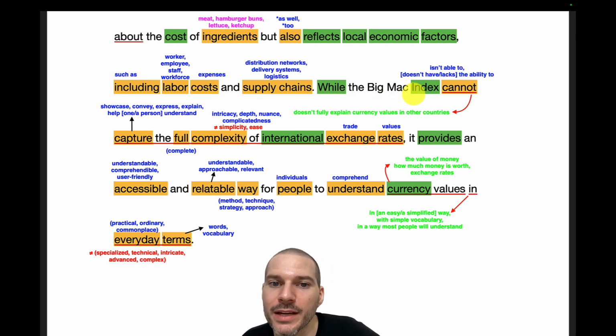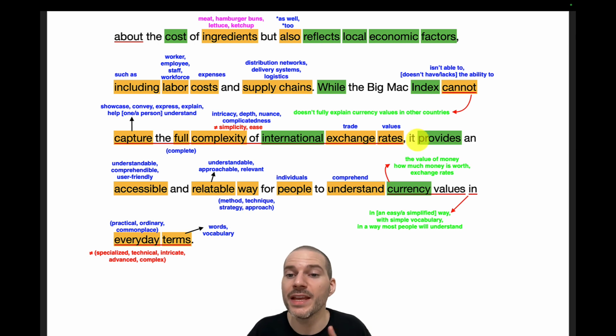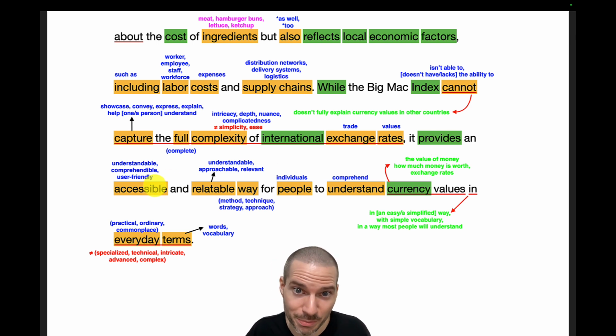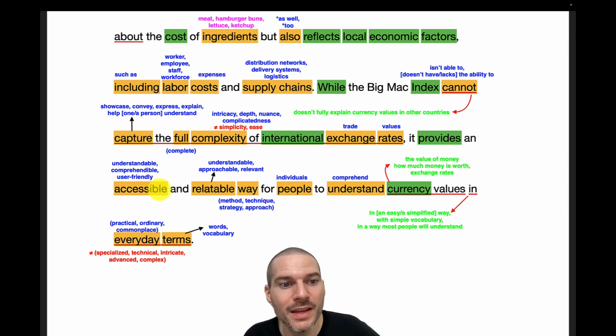While the Big Mac Index doesn't fully explain currency values in other countries, it is the Big Mac Index, provides or offers or gives us an accessible. So this is accessible. You don't really need to go to college to find the Big Mac Index. You can find it pretty easily on Google. It's understandable, comprehensible, and user-friendly.